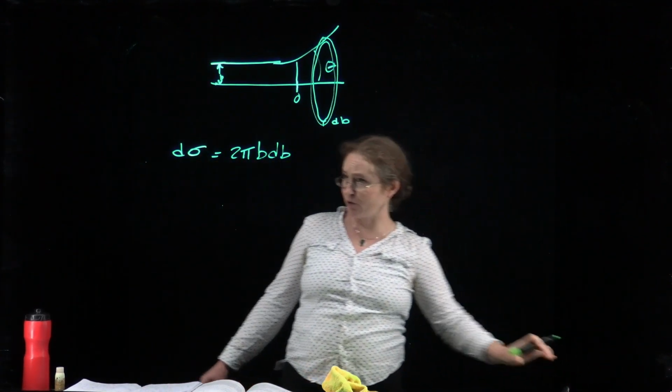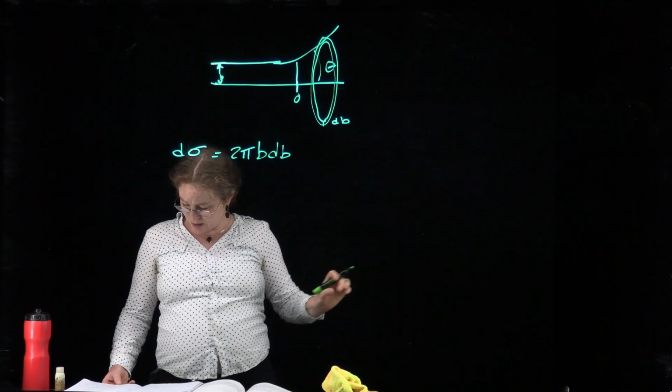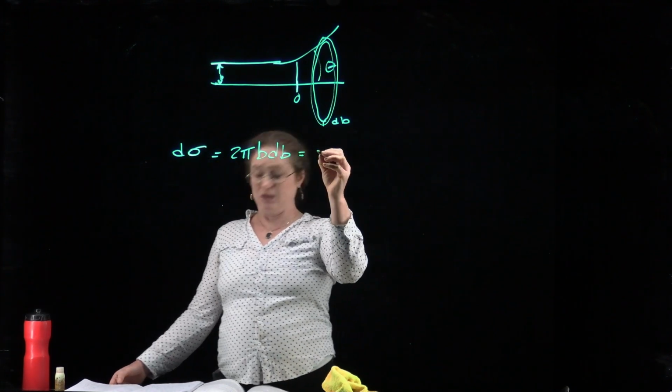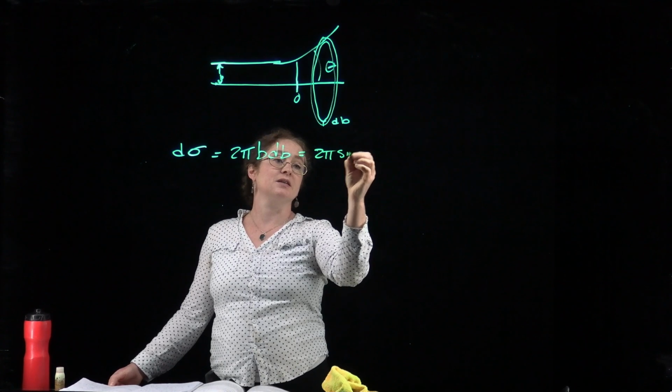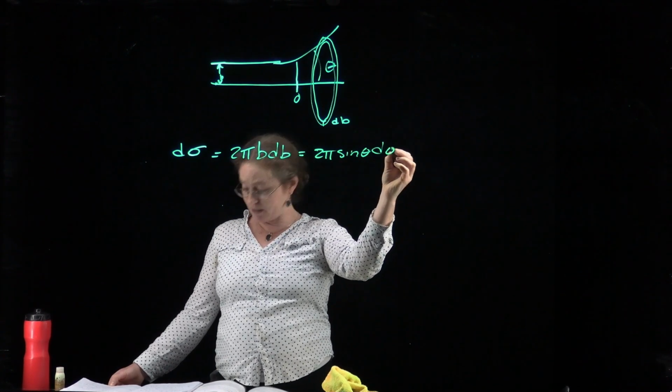So that's going to give me my cross-sectional area. That also has to equal 2 pi sine theta d theta.